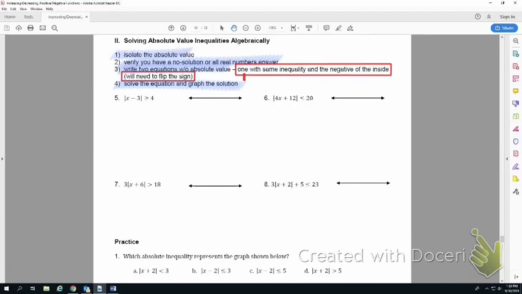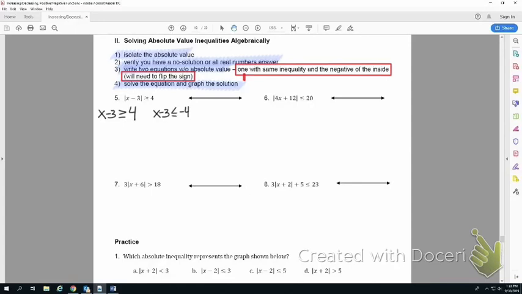Okay, so if I take number 5, and I've got x minus 3, and then positive 4, excuse me. Logan, what is that inequality going to be? Greater than or equal to, or less than or equal to? Greater than or equal to. Keenan, what is going to go with this one? The negative 4. Negative 4, less than or equal to.